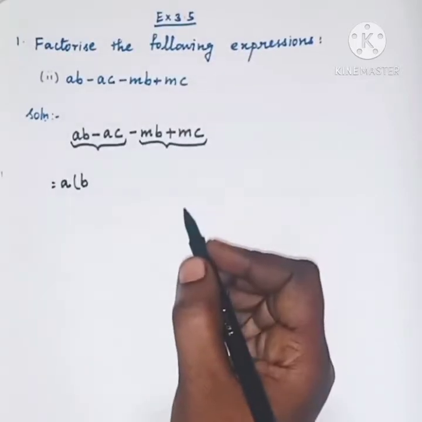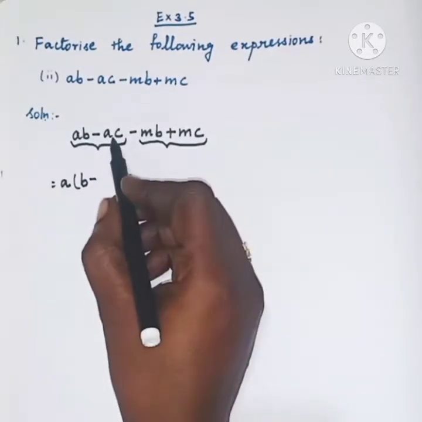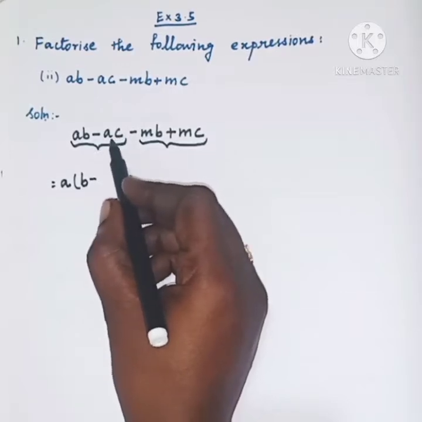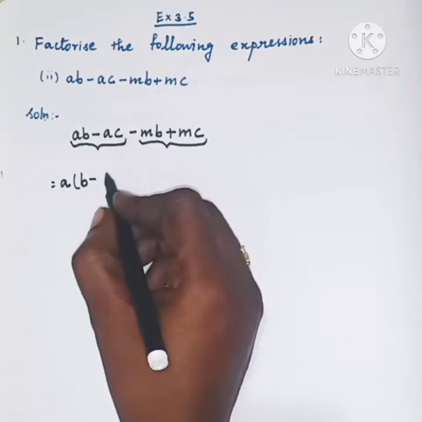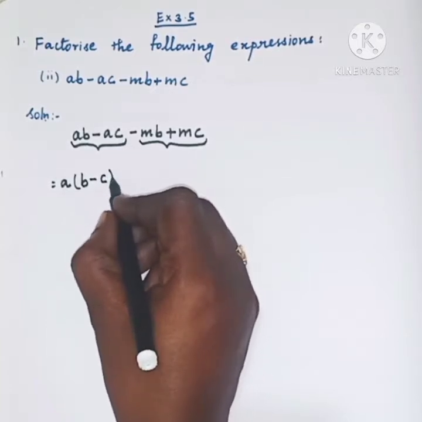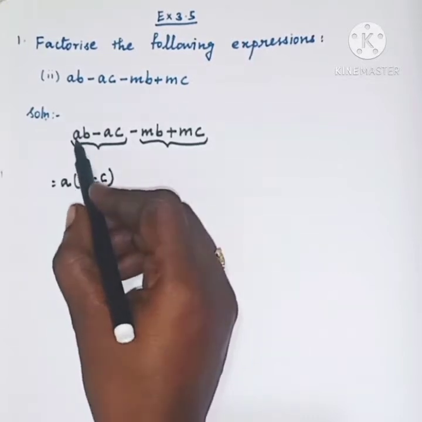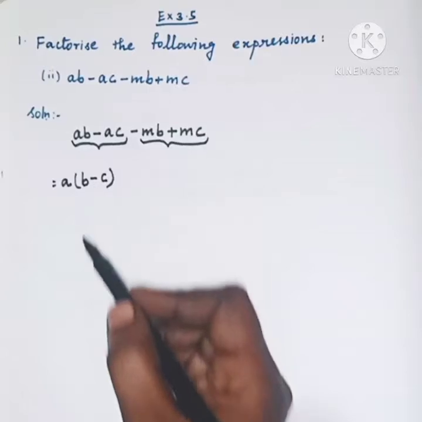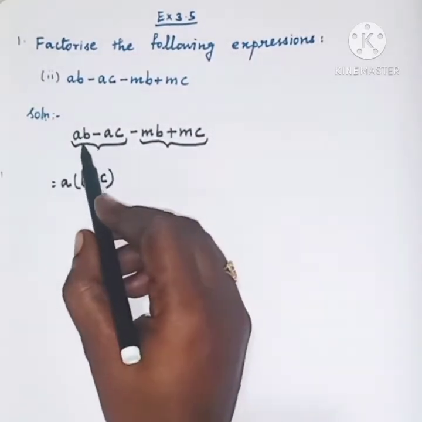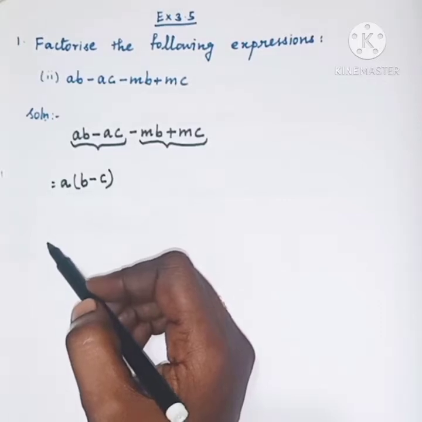Write this b as it is, and then the minus symbol. From the second term also we took a outside, so the remaining variable is c. Write this as it is. So a into b is ab minus a into c is ac. So from the first two terms we took a commonly outside.